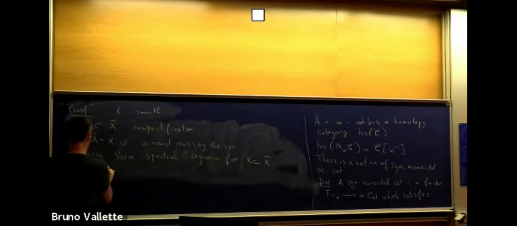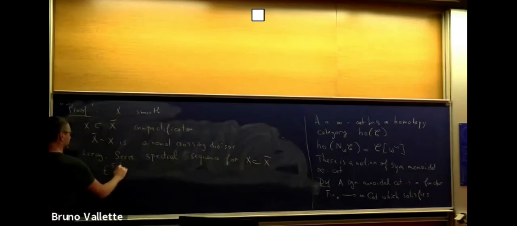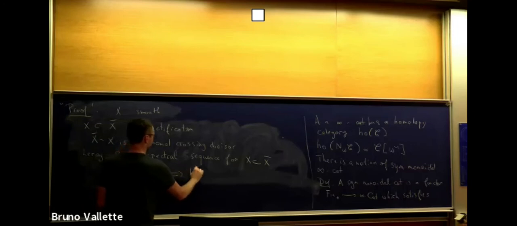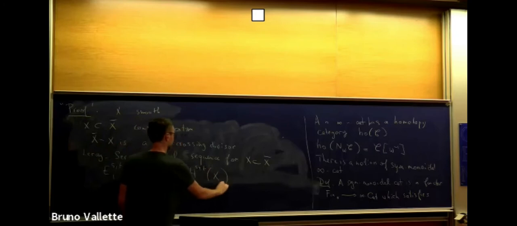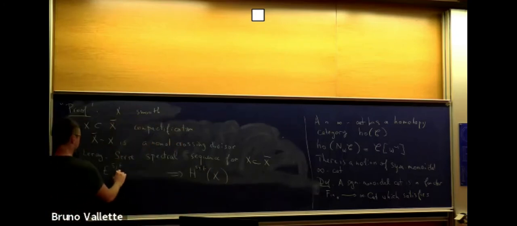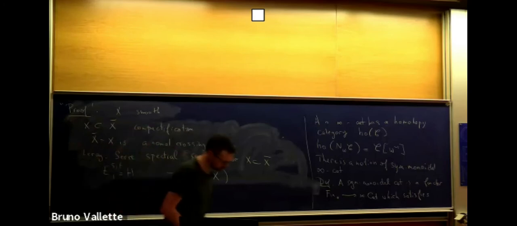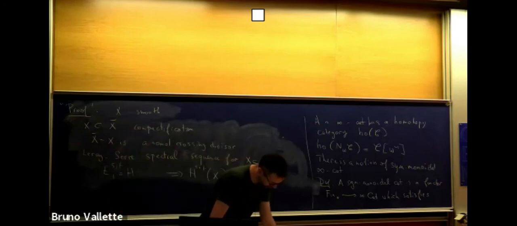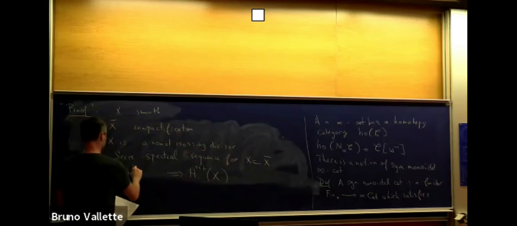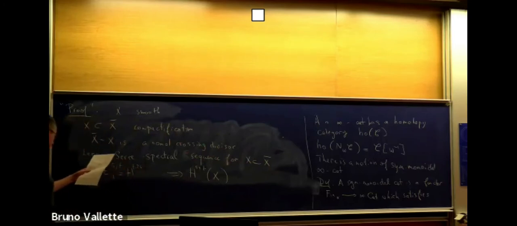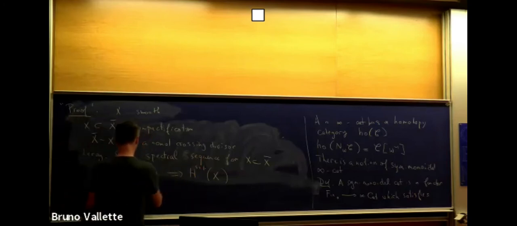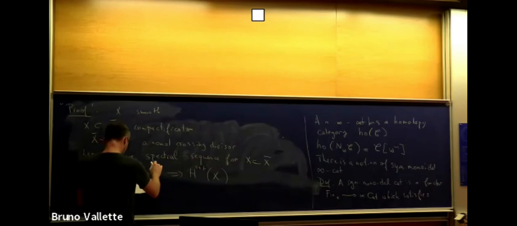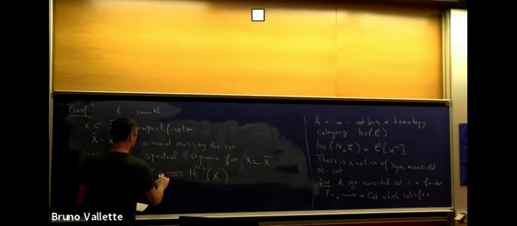It gives you a spectral sequence which will converge to the cohomology of X. On the E1 page, you can compute it as H^(t-2s)(D_s) with Q coefficients.